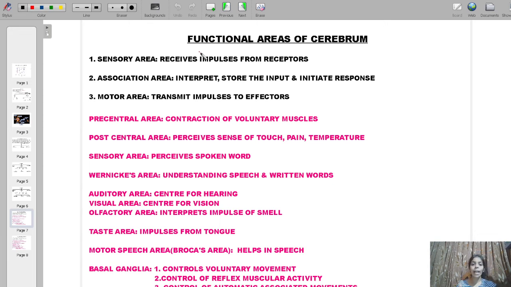Suppose I am looking at the laptop. Light rays from my laptop screen reach my eyes. From the eyes, sensory neurons reach my brain. Which part of the brain? The sensory area of my brain. Now, there will be association areas which help me to interpret that I am viewing my laptop screen, to understand that.